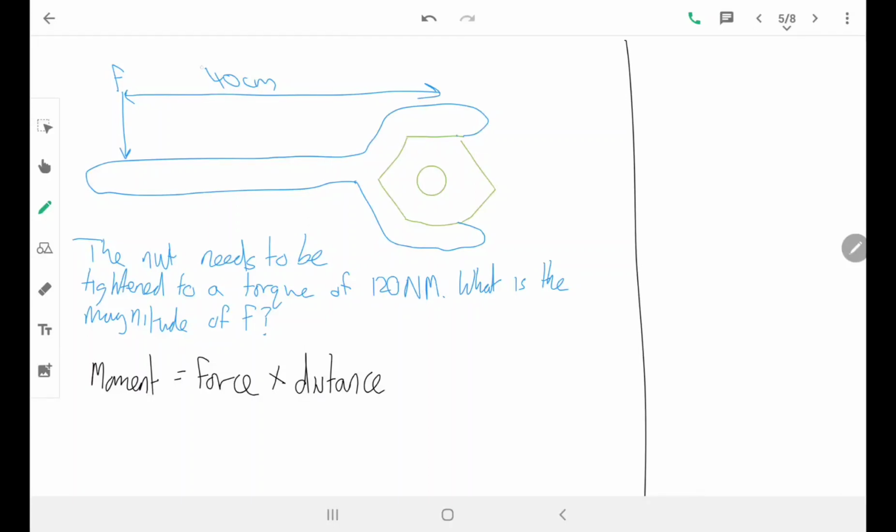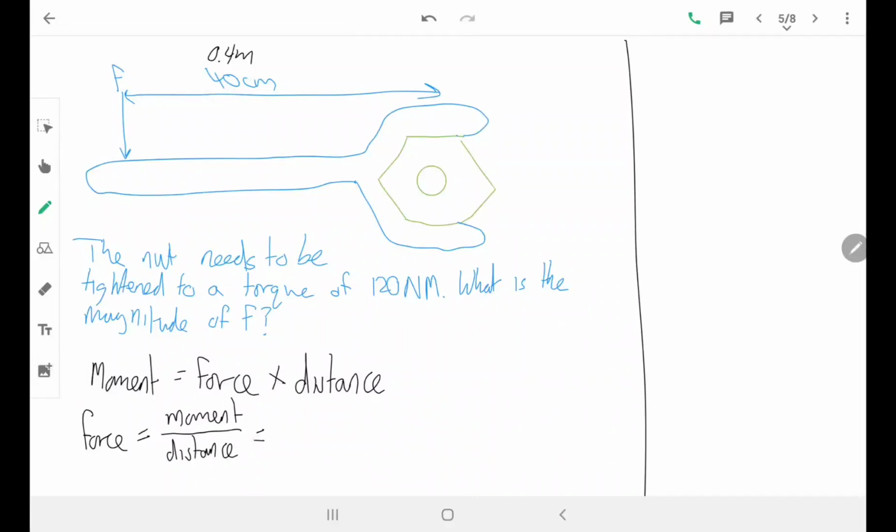Now, one of the little things we have to do is make sure we're in the right unit. Here we have 40 centimeters, and we need to make sure that's in meters. So 40 centimeters is 0.4 meters. Now, what we need to find is our force, and the moment equals your force times your distance. So to get force on its own, we're going to divide by the distance. So your force equals your moment divided by your distance.